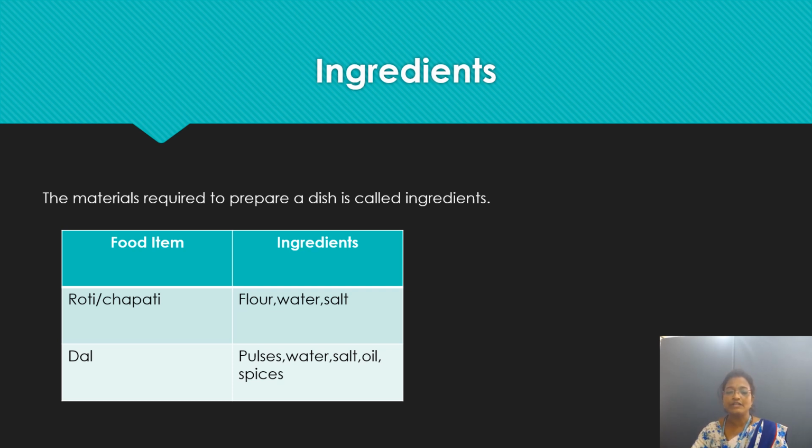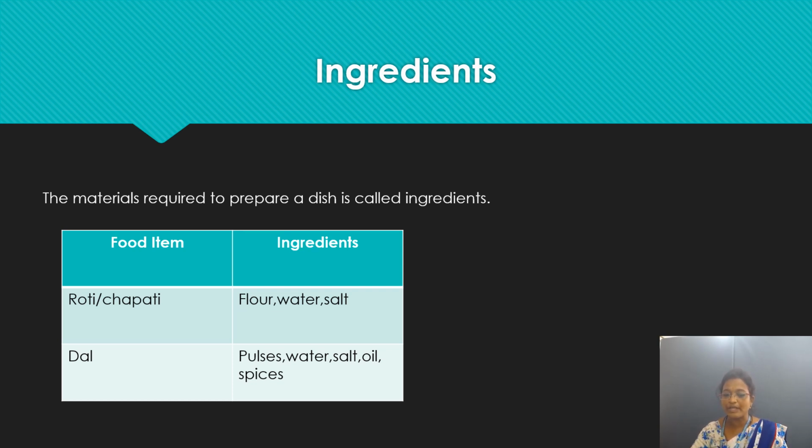So now we will take one more example, that is dal. To prepare this dal, what are the ingredients we need? Here we need pulses, water, salt, we need oil and even we need spices, isn't it? So what do we call all these materials? Yes, we call them ingredients. So these are the ingredients which we require to prepare a dish called dal.